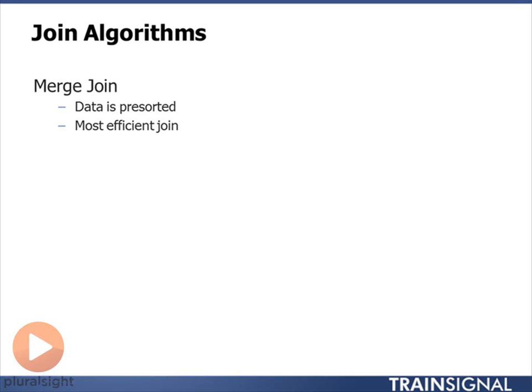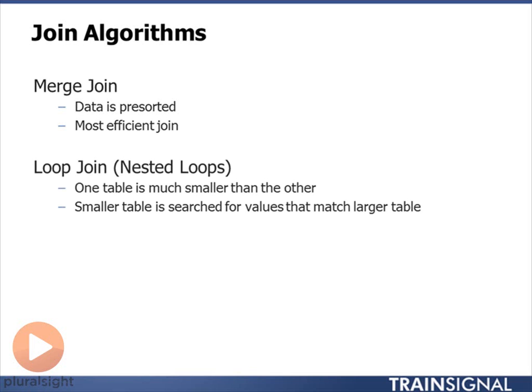Merge joins, good. The next type of join that we have is what's known as a loop join or a nested loop. A nested loop is going to be used when one table is much smaller than the other, and what will wind up happening is that the smaller table is going to be searched for the values that match the larger table.